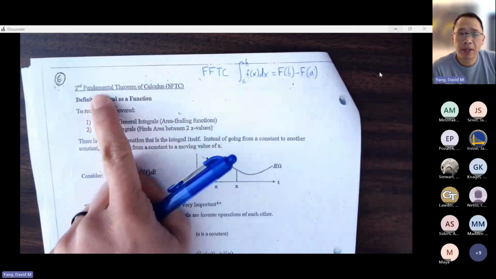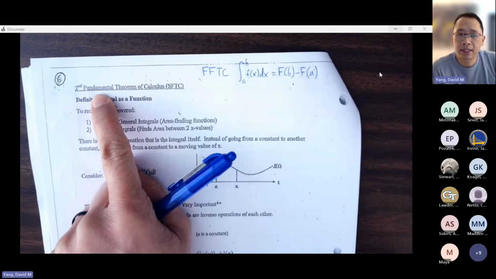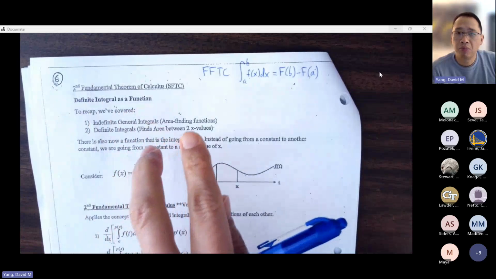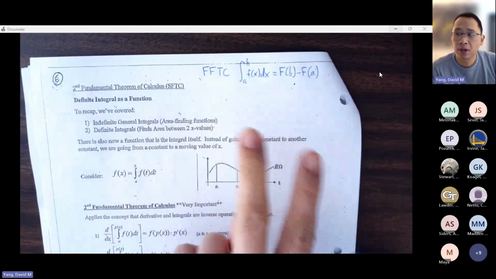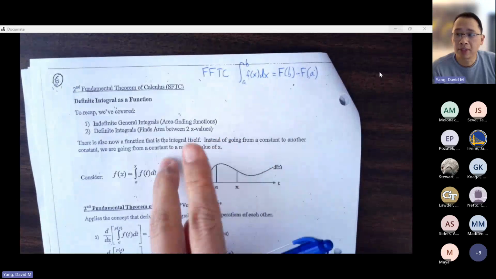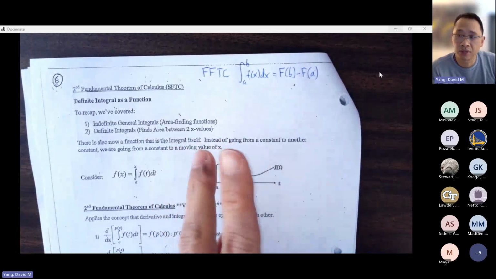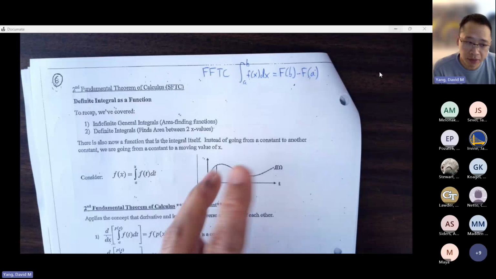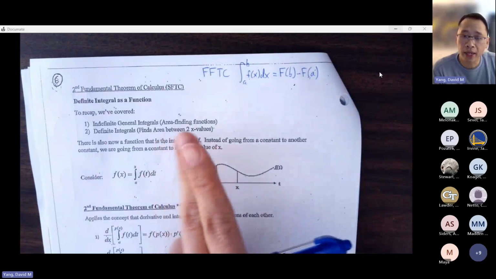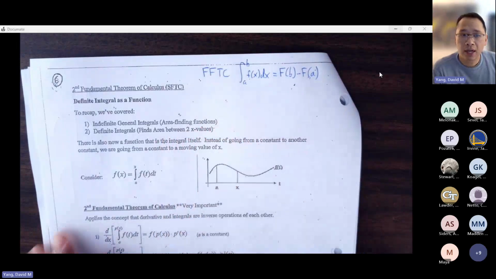Now, the second theorem is exploring the idea that derivatives and integrals are just opposite operations, like addition versus subtraction, or multiplication versus division. They have a way of canceling each other out.